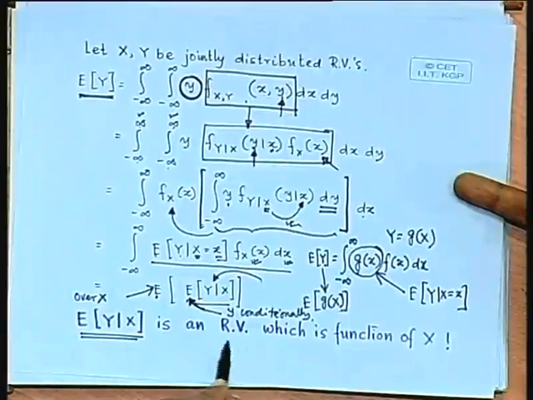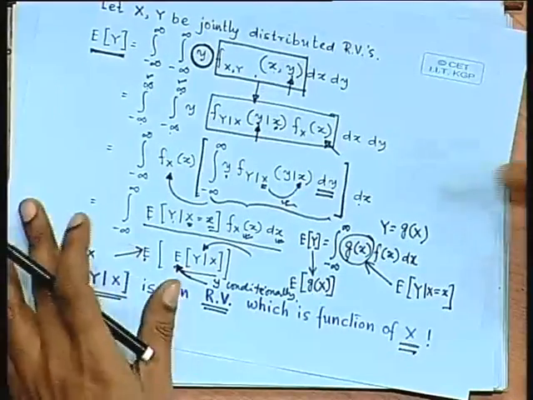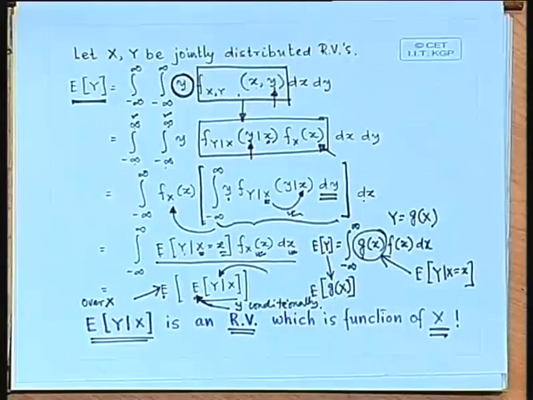So obviously the expectation of y given x greater than 65 is going to be different from the expectation of y given x greater than 55. In that sense, it is a function of x. So the conditional expectation itself is actually a random variable which is a function of x, right? So this is interesting.